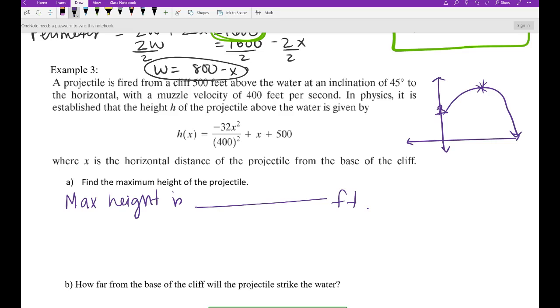Did anyone decipher the window yet? It starts at 500, so it's got to go higher.